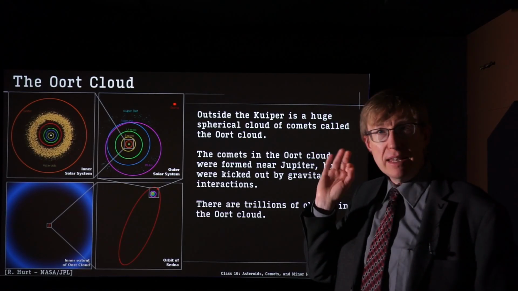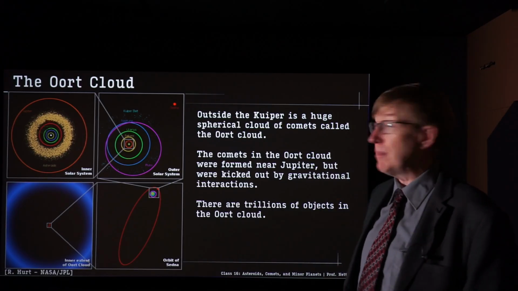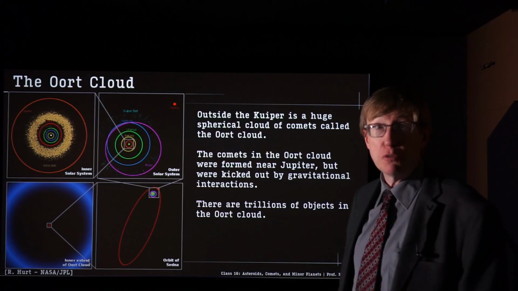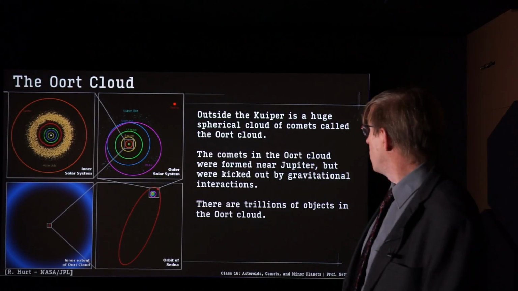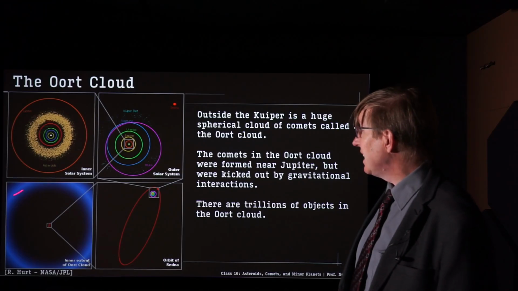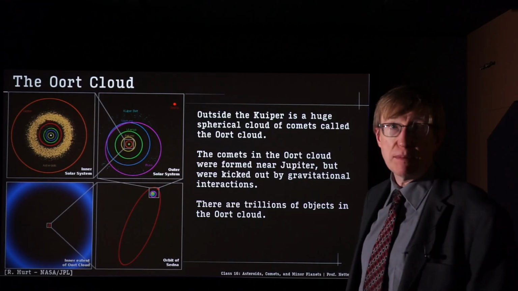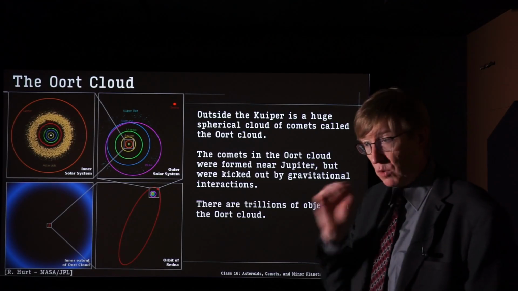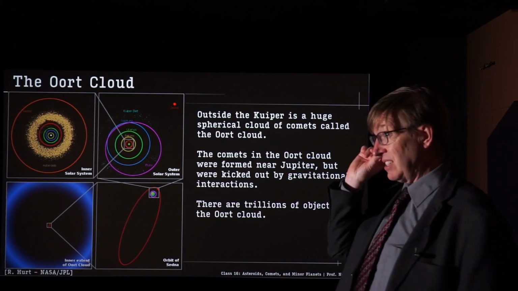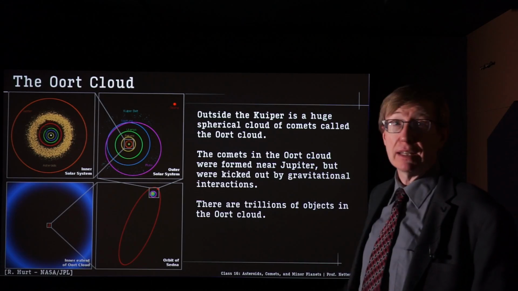It is an enormous reservoir of comets. These were kicked out by gravitational interactions with Jupiter and Saturn. So, kind of amazing. Some of the really long period comets are coming from the Oort Cloud. Maybe they'll interact with each other and one will get sent in on an orbit toward the sun. Boom. And we'll see a comet that shows up and then leaves again.